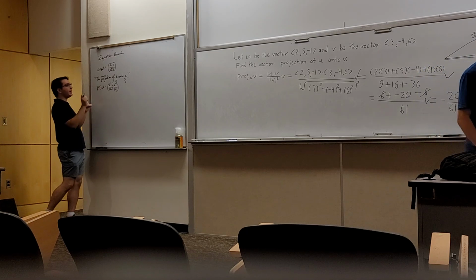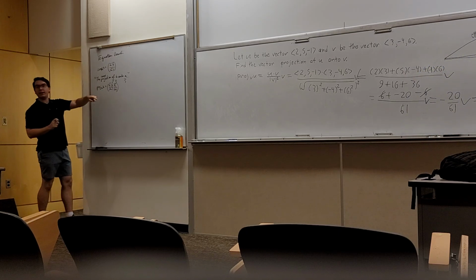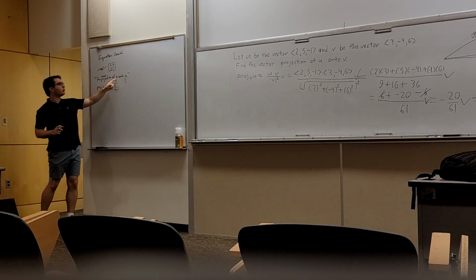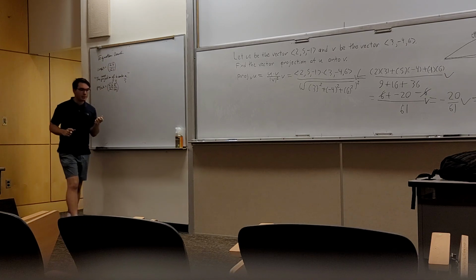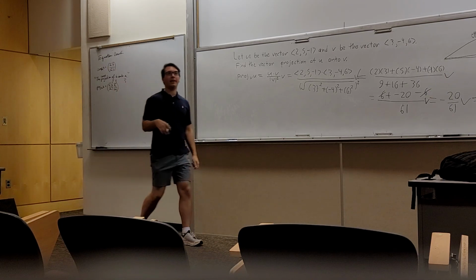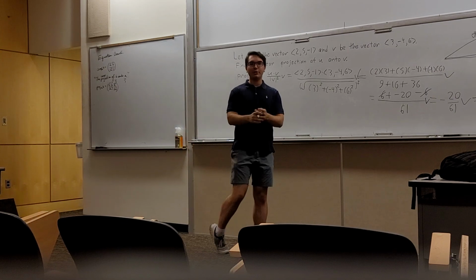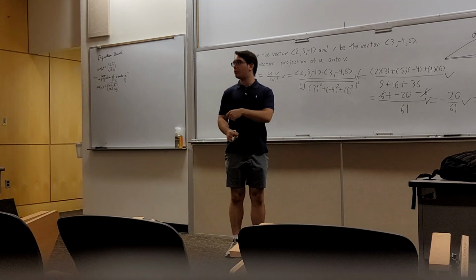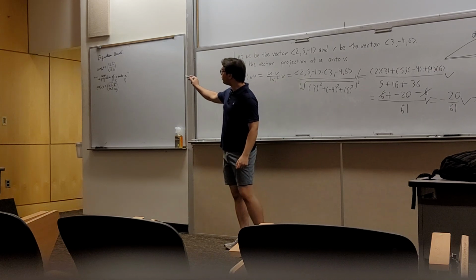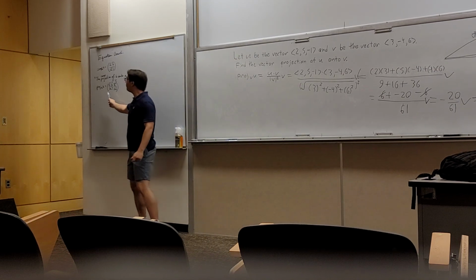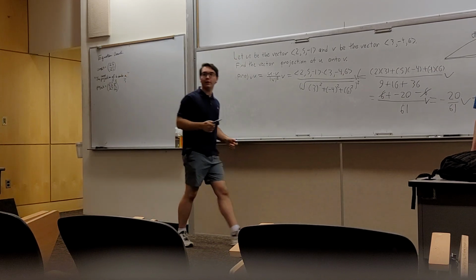So if he defines A and B, and asks, please find the projection of A onto B, this isn't going to be the equation. It's going to swap. And so many people forget, they just say, oh, A goes in the denominator. Well, it depends on what he's asking. If it's A onto B, then it's one way, or if it's B onto A, it's the other. So just make sure you know this equation, and you know what is onto what for the way that you've memorized it. And then you can adjust it.